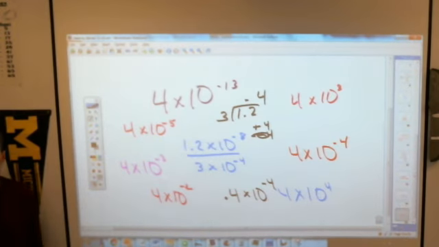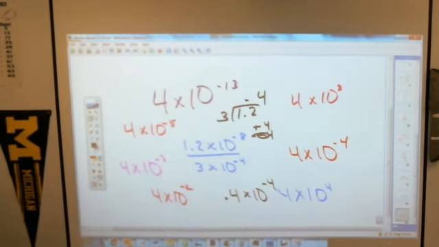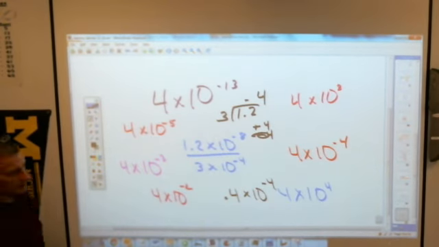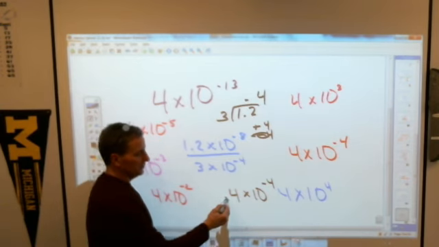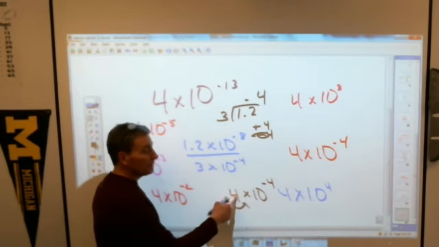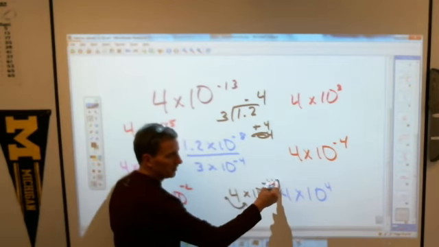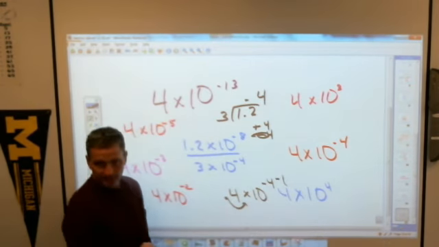You're still not done yet, Joseph. Okay. What do we have to do, Madison, now? We have to move the decimal to the right. You need to get this to be between 1 and 10. So you made this one bigger, meaning you need to make this one smaller.